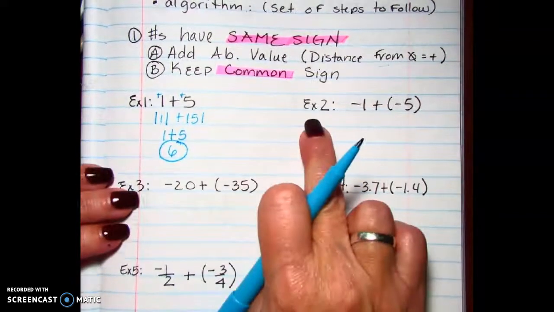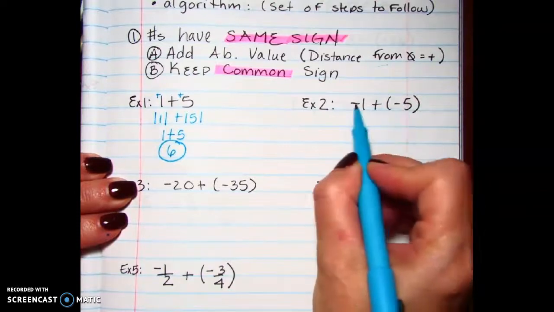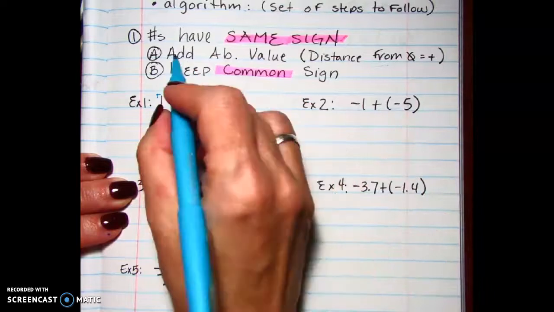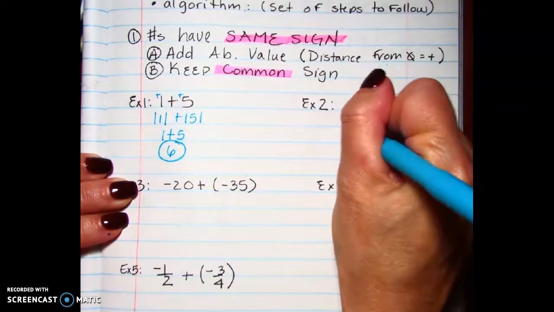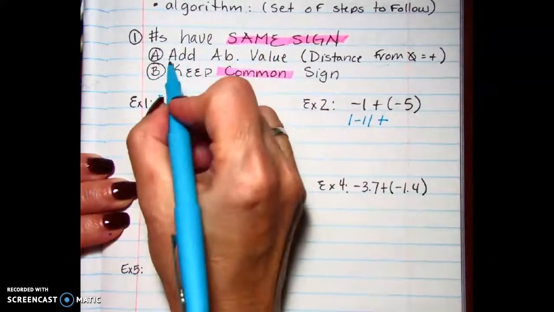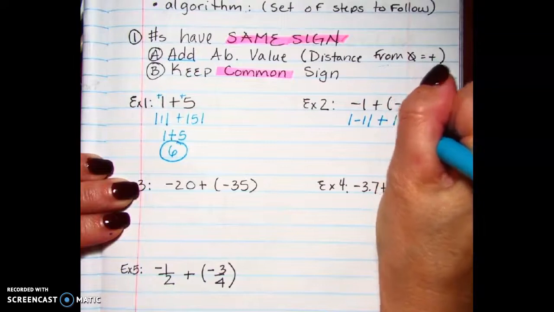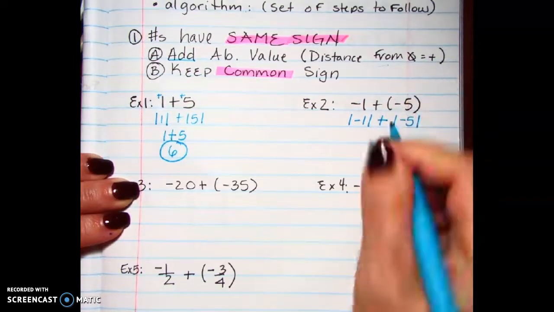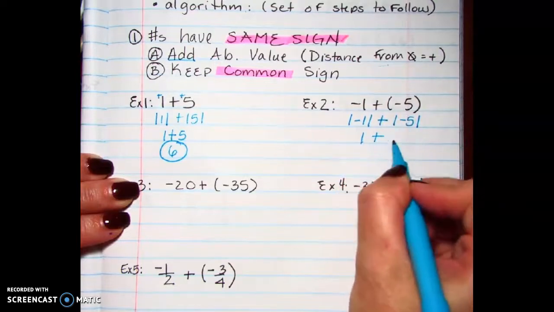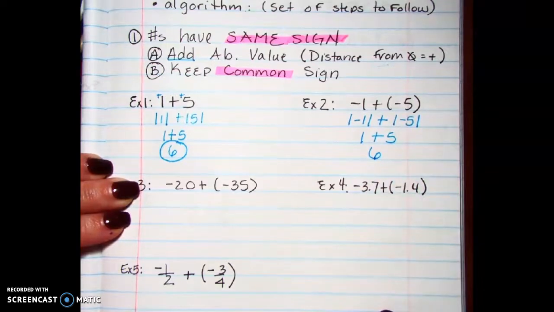Now let's go to this one. Do we have two of the same sign numbers, integers? Yes, they're both negative. So I take the absolute value and add, because this says add, which ends up being -1 is 1, -5 is 5, and it ends up being 6.